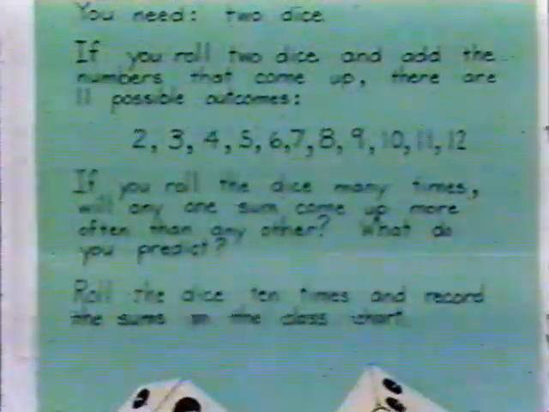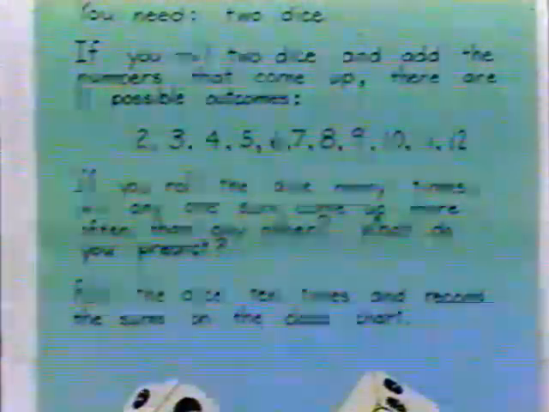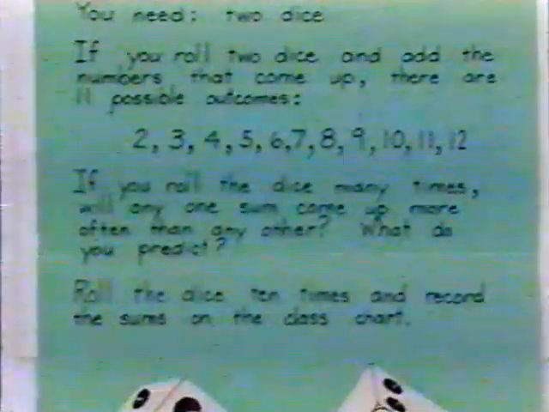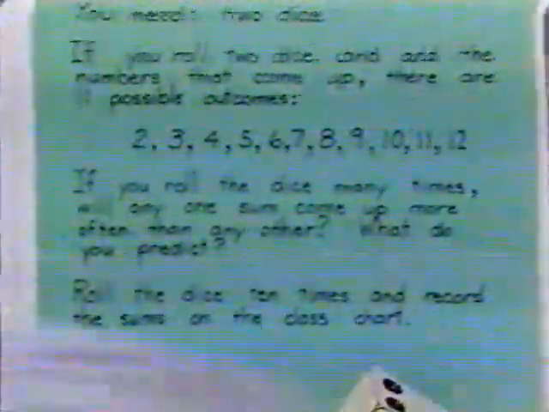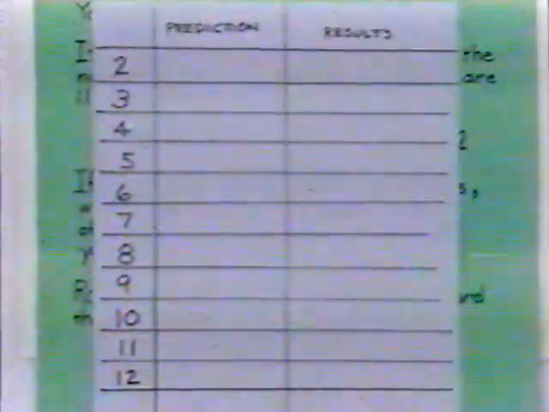Then extend it by saying if you roll the dice, say 10 times, would any one sum come up more than any other? And you want them to make a prediction. You can do a class chart, have them construct a chart like this that says prediction and results, and ask everyone in the room to make a prediction.